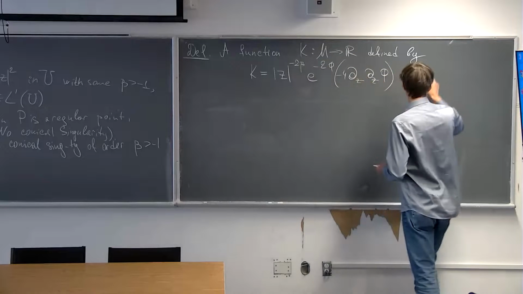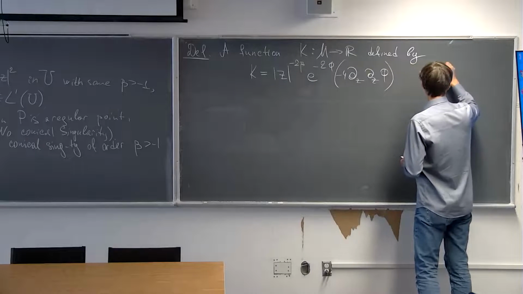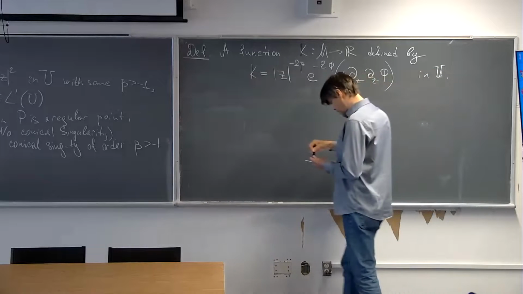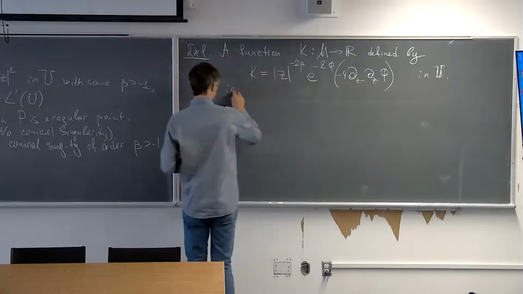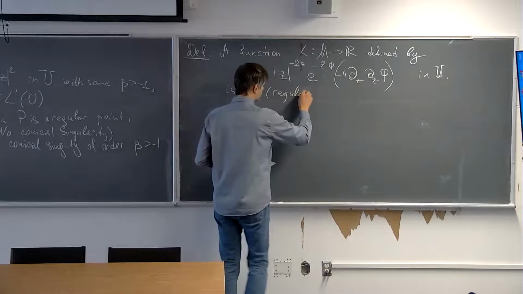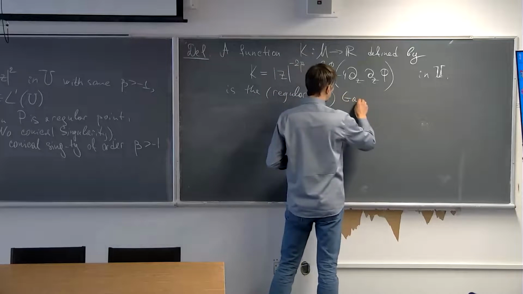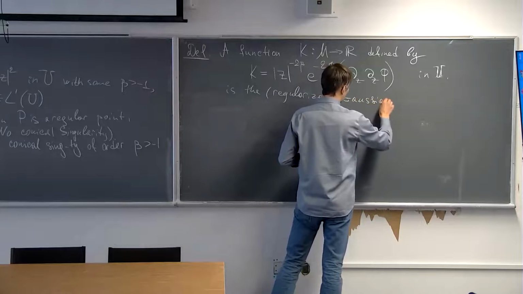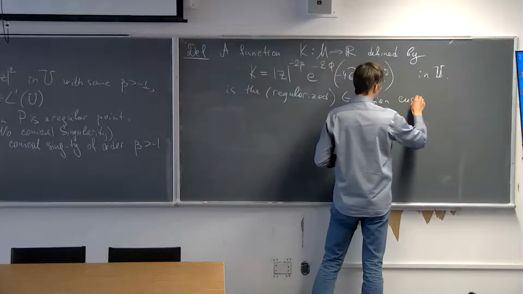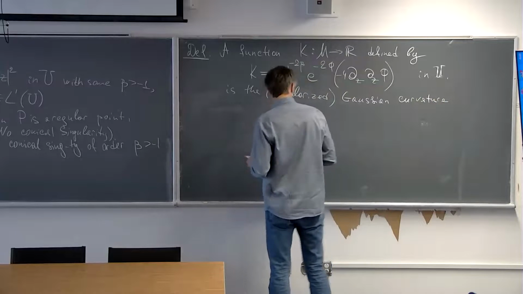Well, this is of course a local definition, so it's in the neighborhood here of that point. But this is the regularized Gaussian curvature of the metric M.